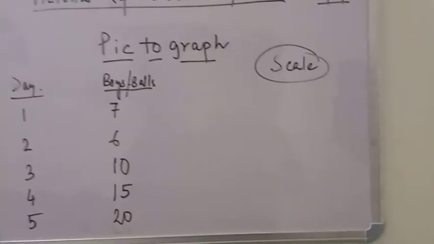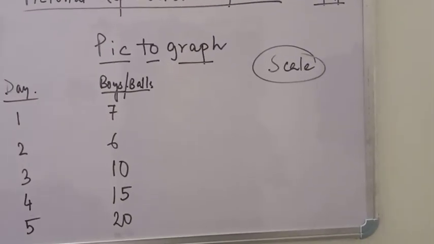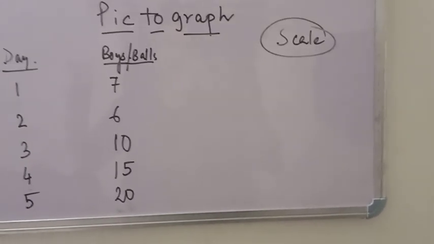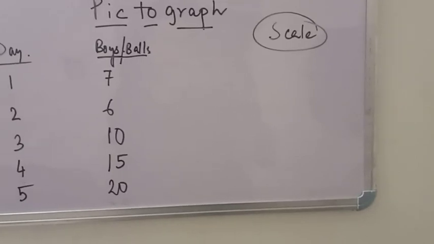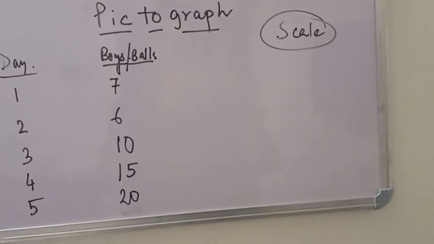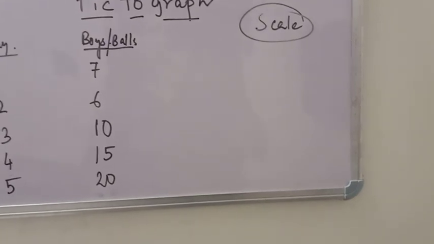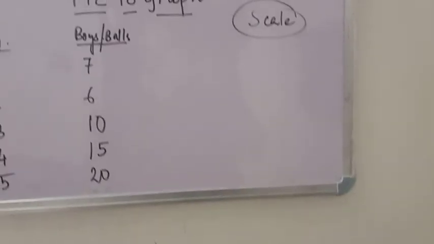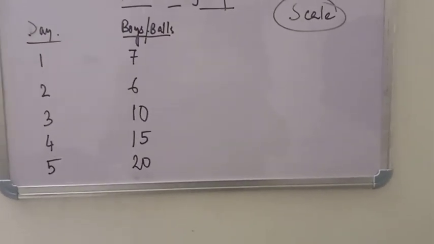So suppose 20 is there. We couldn't draw 20 balls because this is very big and much more time consuming. Okay. So if I take one ball, one box, whatever it may be, to represent 2 or 3 balls, then we have to draw only a few balls.